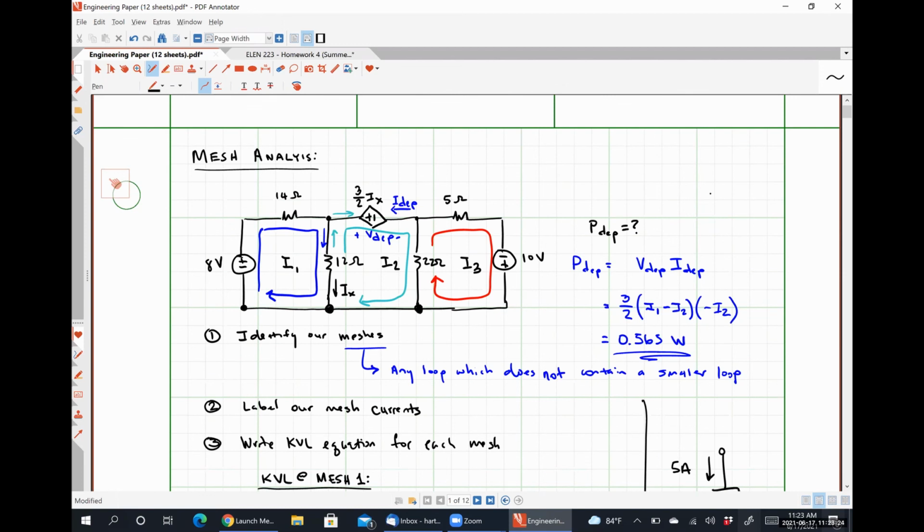So we identified and labeled our meshes. Then we wrote KVL equations for each mesh. Because there was a dependent source, we had to also develop an equation that expressed the controlling variable in terms of our mesh currents, set up a system of equations, and then solved it. Got our answers.